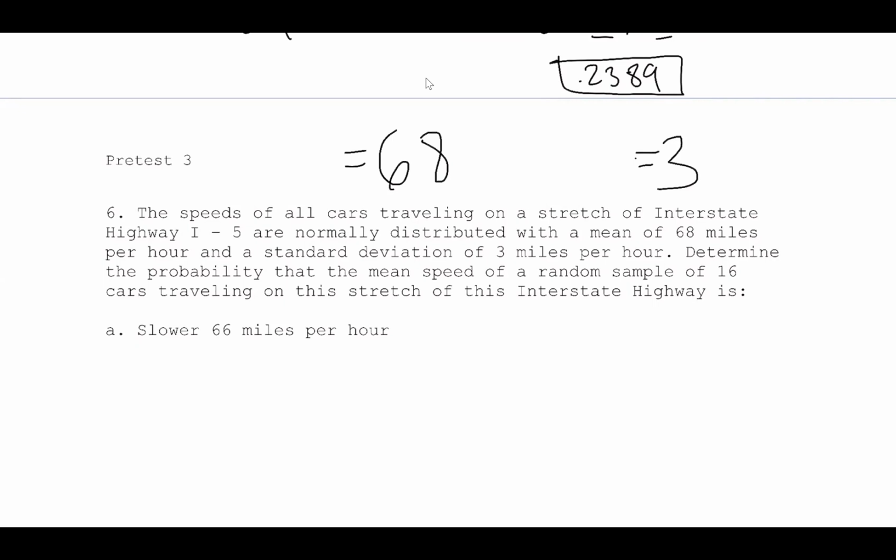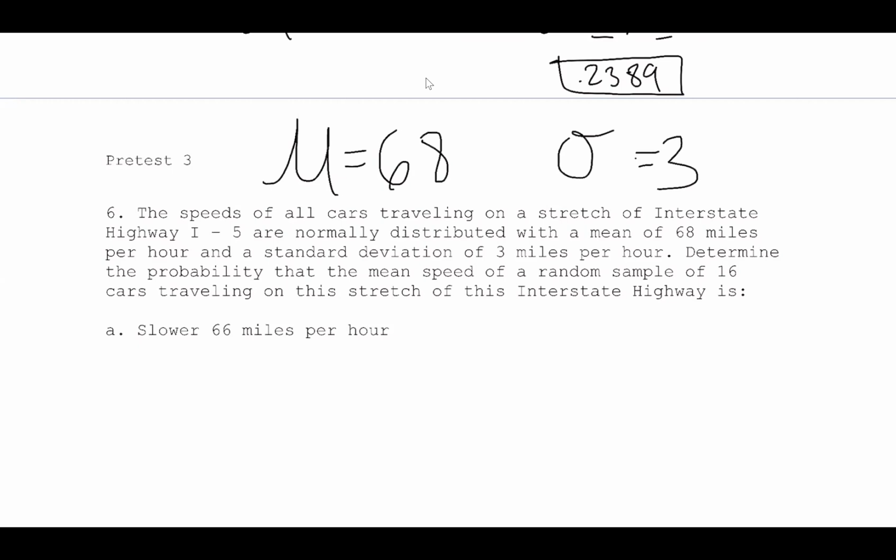They tell us 68 is the mean, so we'll say this is mu, because they don't tell us that they took a sample in order to get there. They're saying this is the mean speed for this highway. So mu is equal to 68, and standard deviation is equal to 3. So that's my mu and that's my sigma.